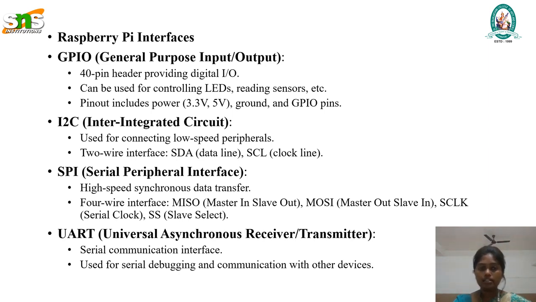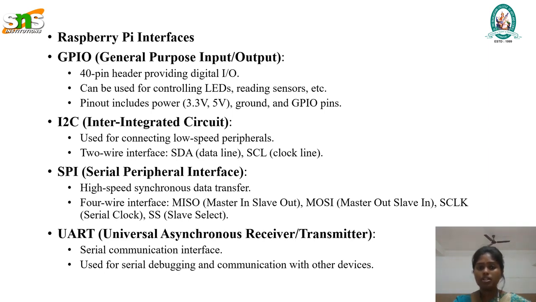I2C is the inter-integrated circuit, used for connecting low-speed peripherals, and it is a two-wire interface: SDA data line, SCL clock line. SPI, serial peripheral interface, is for high-speed synchronized data transfer, a four-wire interface: MISO, MOSI, SCLK, and SS.